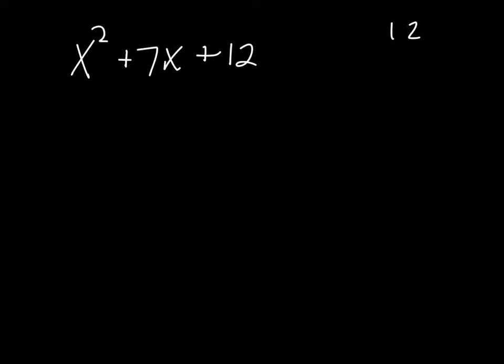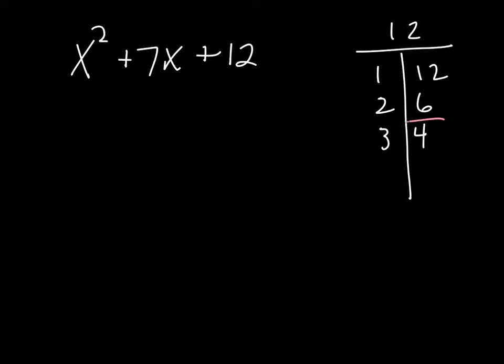Now take another example, and this is where we are going to factor by grouping. So we will start off with an equation of x squared plus 7x plus 12. Now again, create that factor tree over here. We are looking for factors of 12 which are going to equal 7, and I think we've just discovered it right there.